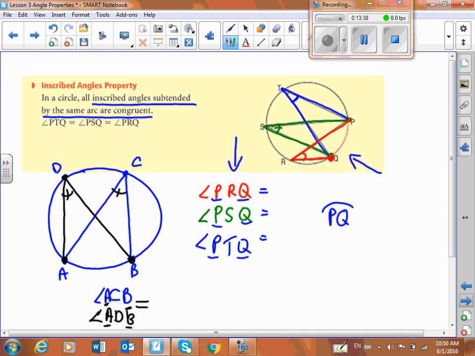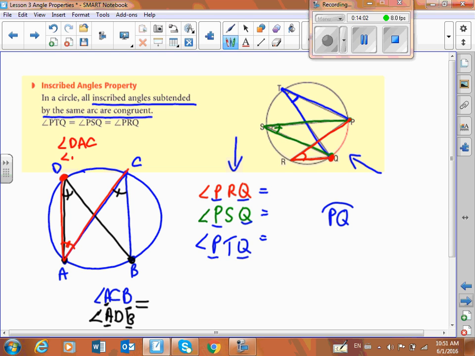Now, if you could, I want you to think about this upside down for a second. What if I started my pen on D and I drew angle DAC? DAC. Now my vertex here is at A. Put a 2 dash on that.